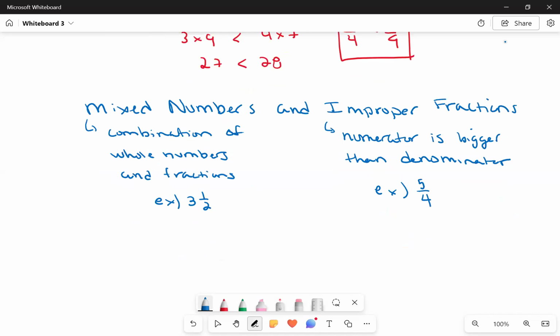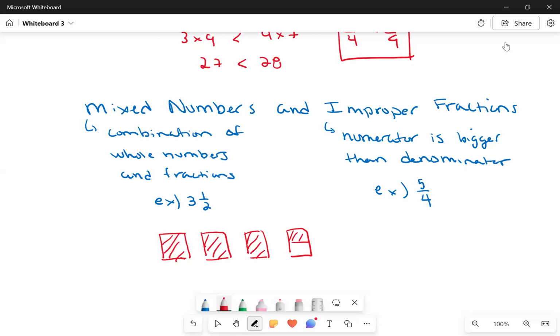Now, what's nice is that we kind of built up this foundation of looking at visuals, and those visuals can actually help us convert between improper and mixed numbers. So let me give an example. Let's look at the 3.5. If I wanted to draw out a visual for 3.5, that would mean that I need 3 whole pieces. And then half of another one. So we have all 3 of these, and then half of this one.